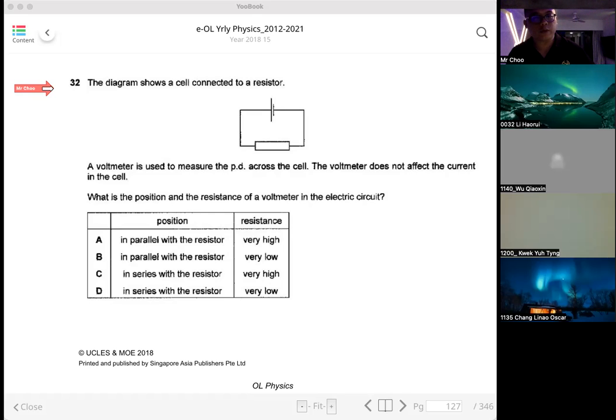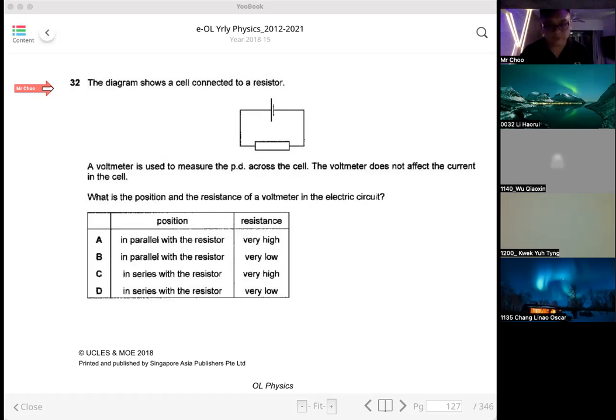Ryan, well done. Yuting, well done. How about the rest of you? This one is what we mentioned last week, right? What is the resistance of the voltmeter? Xiao Xing, what's your answer? Correct, well done. Oscar, how about you? Oscar and Pei Kwan, what's your answer? Well done, Oscar. Well done, Pei Kwan.